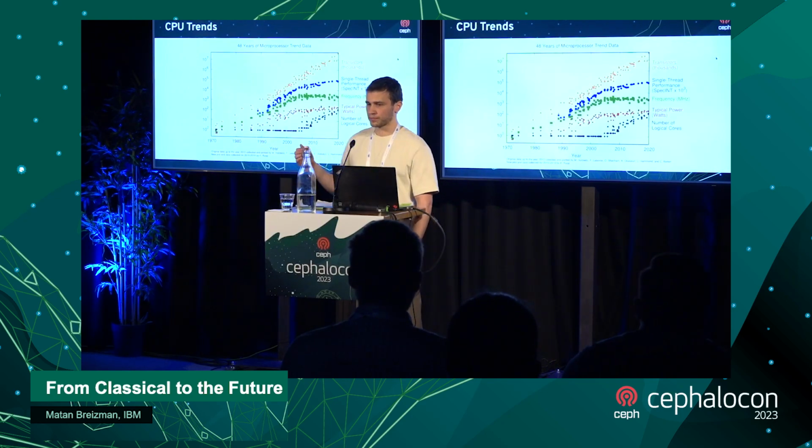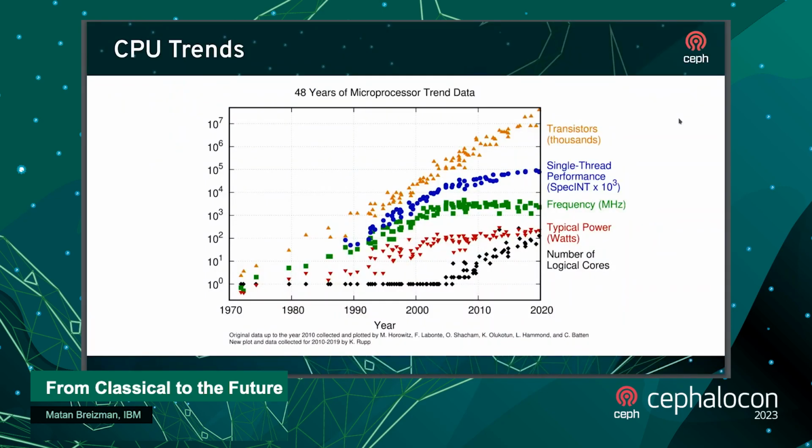So CPU isn't moving the same way as storage devices do. This is a quite famous slide, and it represents the last few decades of microprocessor trend data. One of the most distinct trends here is the orange one, the upper one, which represents what is named Moore's law.